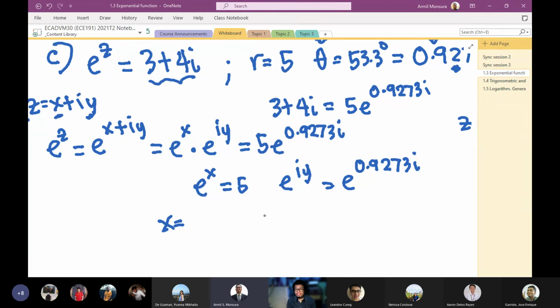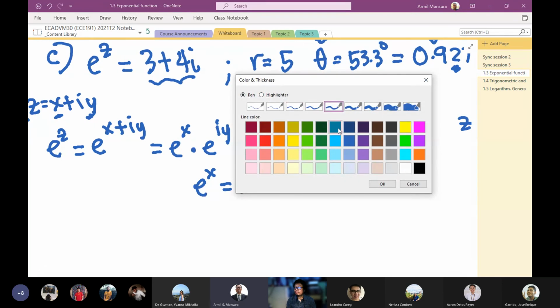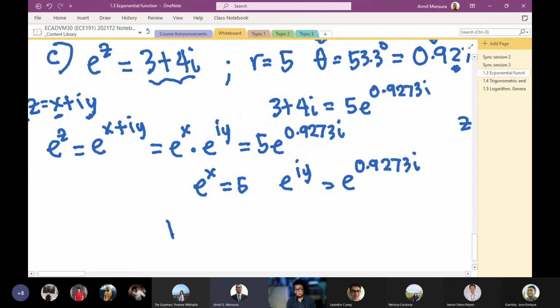So what Miss Aguilar is suggesting is we get the natural logarithm of both sides. Parang ang gusto niya sabihin dito is we get the natural logarithm of e raised to x and the natural logarithm of 5.